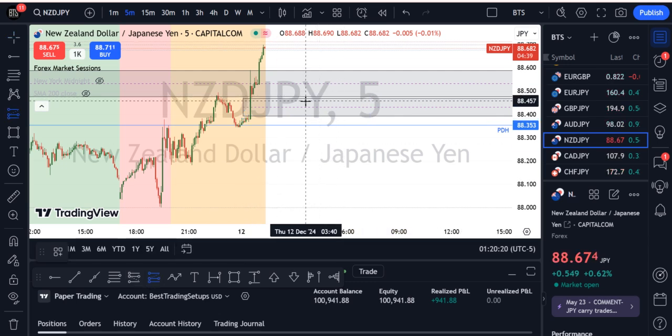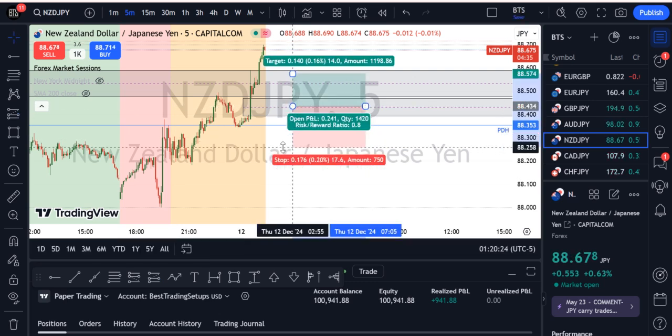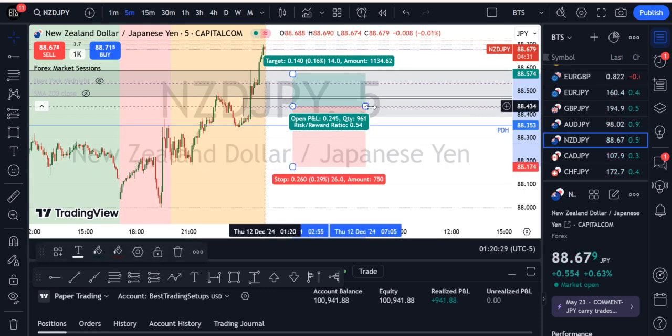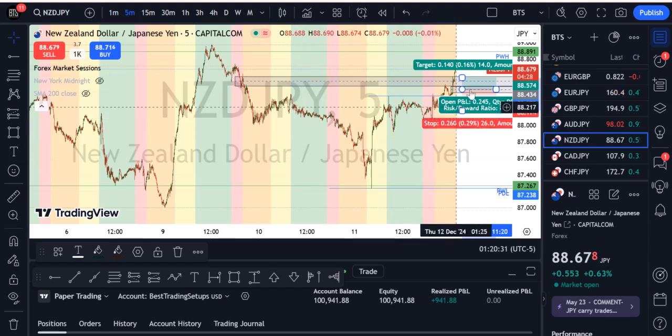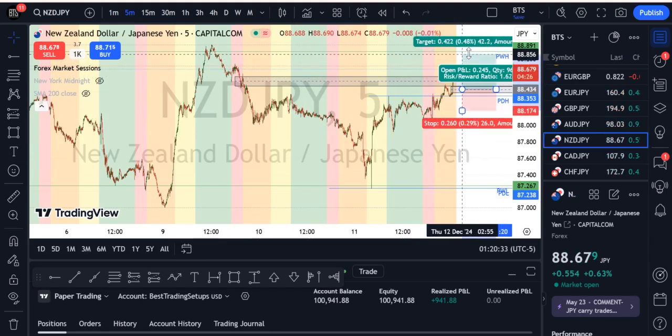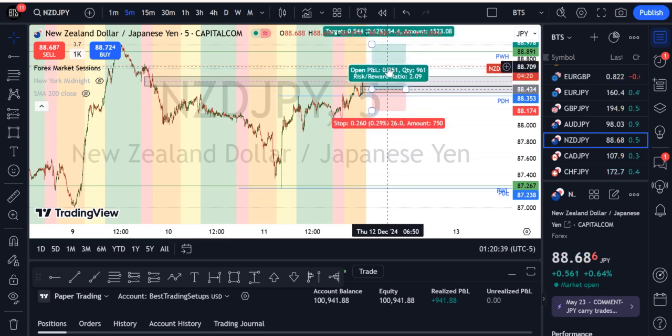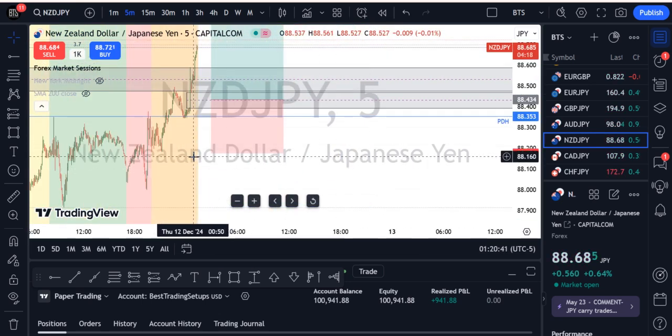And we can plan to buy. I like my fair value gap to be filled halfway. Stop loss at this low. Targeting the same previous week high or this high that broke previous week high. So this is just a 1 to 2 risk reward ratio.